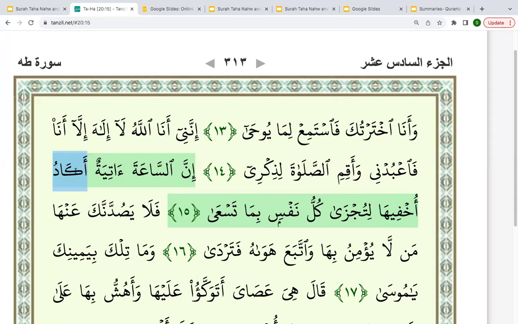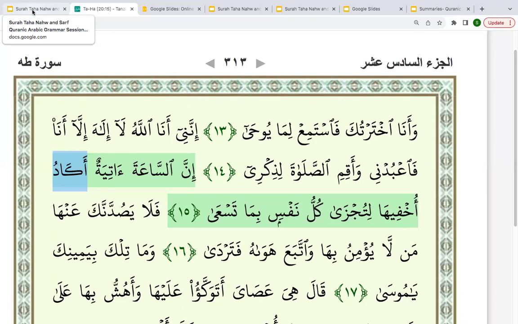You know that damir that is mustatir here is ana, and ukhfiha is the khabru kada fi mahalli nasbin. A very special feature of kada and the rest of the af'alul muqaraba is that they are very similar to kana wa akhwatuha, as we have learned in our previous session. One thing is that their khabar is always going to be jumla fi'liya. It's always going to be jumla fi'liya.